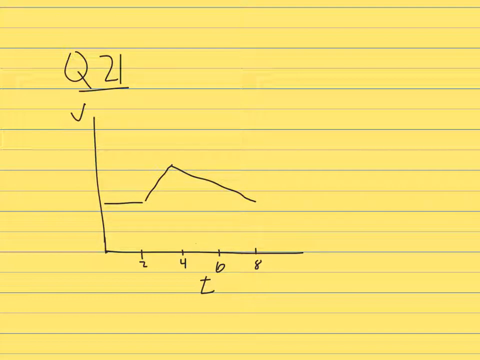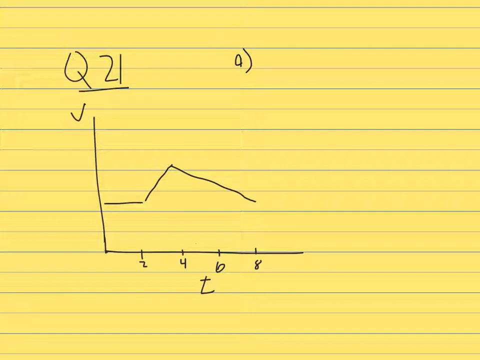Question 21. In the graph shown here, velocity is plotted as a function of time for an object traveling in a straight line. Question A: Is the velocity constant for any time interval shown? Explain. The answer is yes.